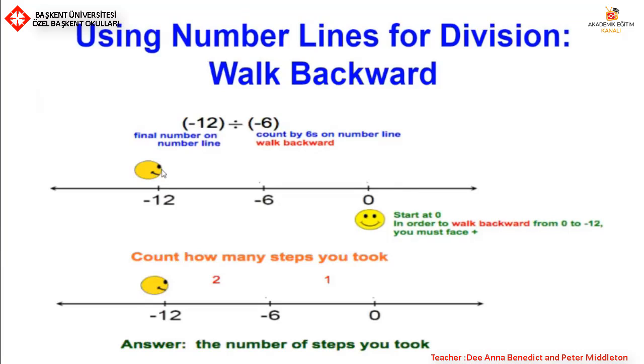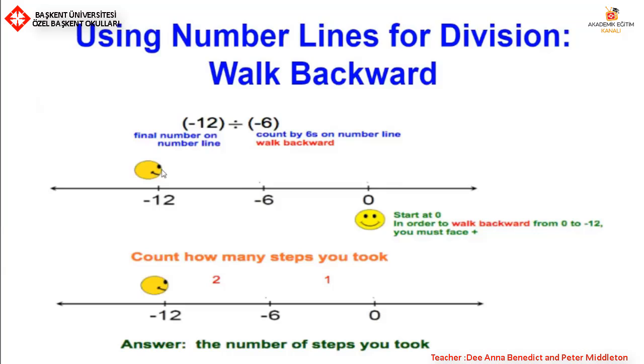Here's also the walk backward method for number lines. In this picture, there is the number minus 12, and they want to divide it by minus 6, and we can walk backwards.